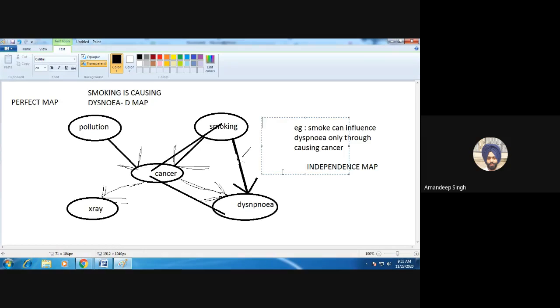So that is all about the reasoning, how you can conclude the inferences or how you can arrive at the conclusions by the different reasoning methods.